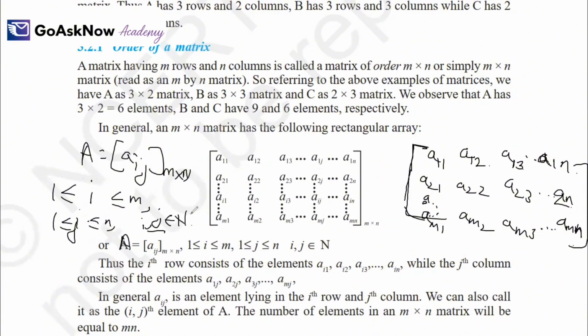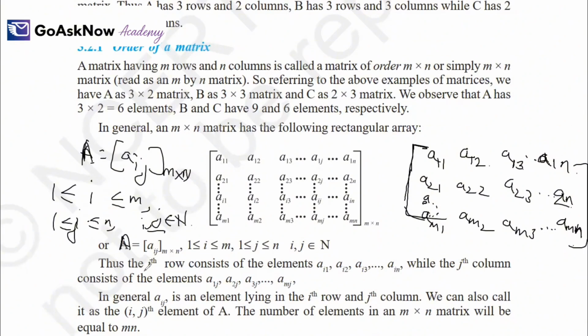So this is the way of representing an element of a matrix. I goes from 1 to m because m rows are there, and j goes from 1 to n because n columns are there.